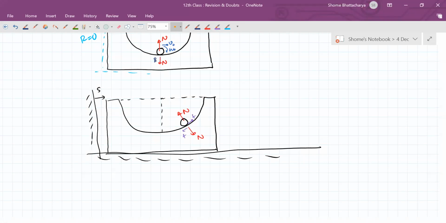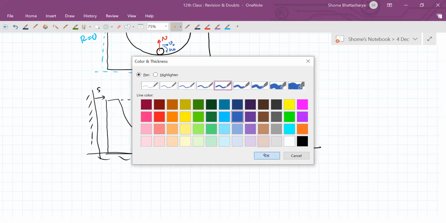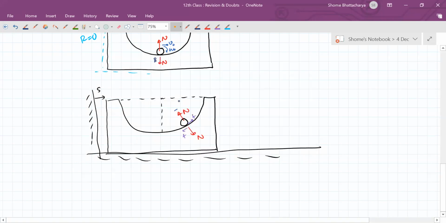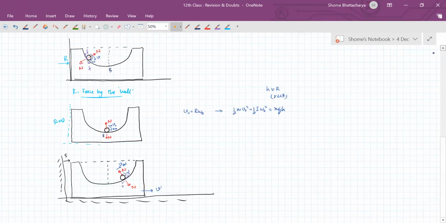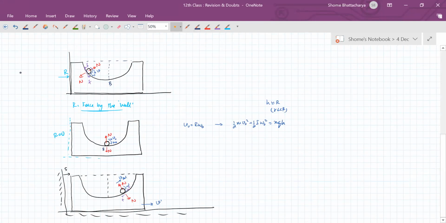But anyway, what is happening is that with respect to the wedge, the sphere has a linear velocity v relative and an angular velocity omega, whereas the wedge itself has some horizontal velocity v prime, let's say. And this picture continues, so we can visualize frame after frame what is happening. This is going from frame 1 to frame 2 to frame 3.